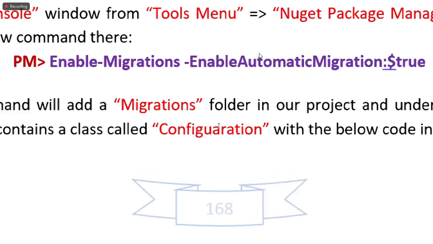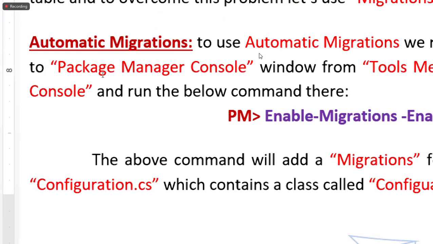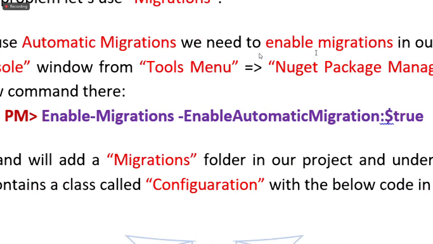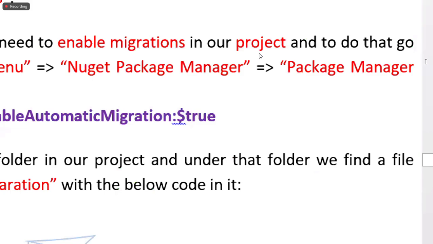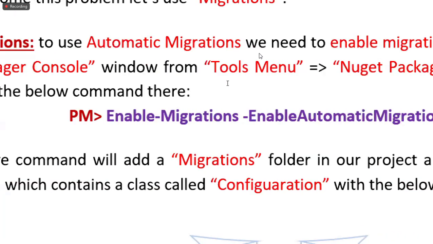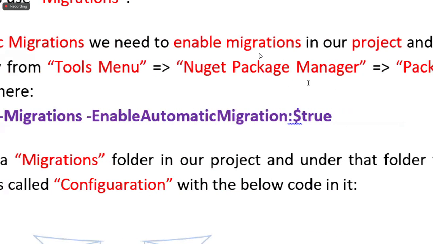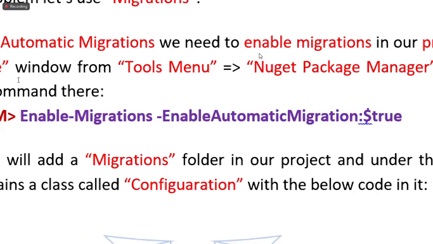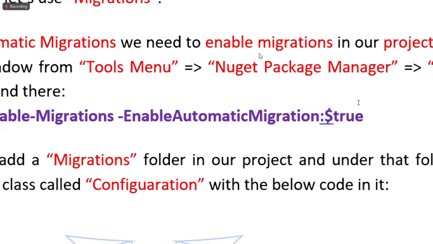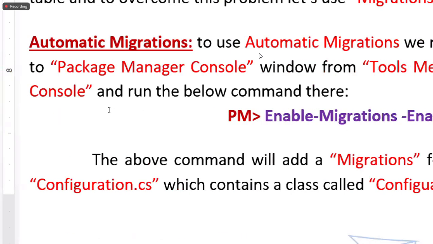Okay, just a minute. Read them carefully. Automatic migration. We use automatic migration. We need to enable migrations in our project, and to do that, go to Package Manager Console window from the Tools menu. You get Package Manager Console, and run the below command there: Enable-Migrations -EnableAutomaticMigrations true.